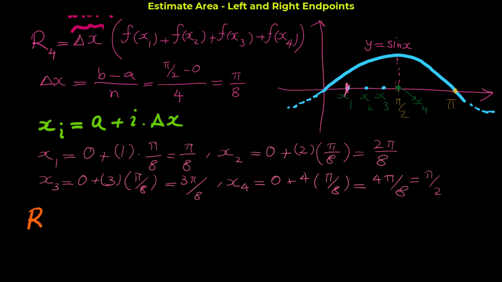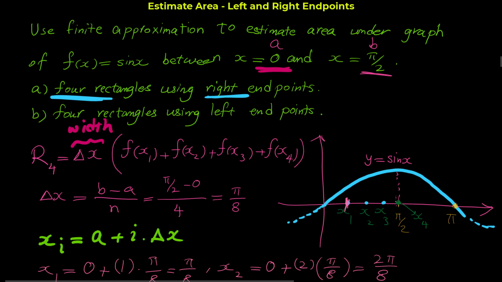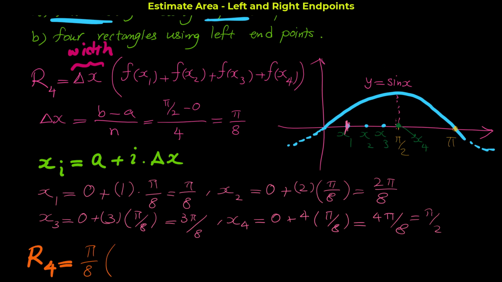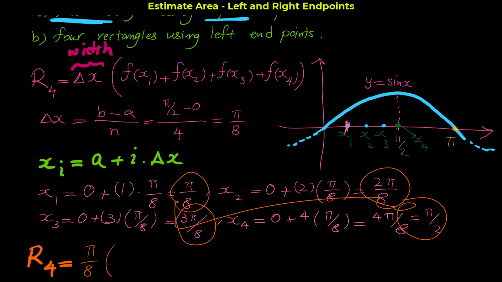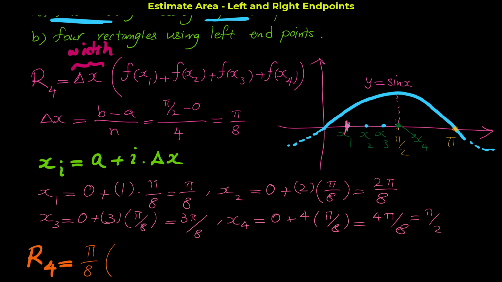And so R4 equals delta x, which is pi over 8, times f of x1. Attention, the given function in this question is sine of x. And we have to plug in each of these x's that we have here, pi over 8, 2 pi over 8, 3 pi over 8, 4 pi over 8, all of these numbers in sine of x.